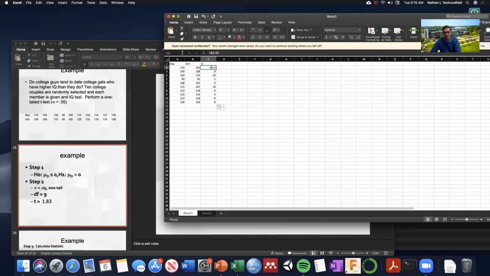And so you can see this is the difference score, right? So for this couple, the girl had an IQ of 5 points less than the boy. Here, the girl is 8 points higher, 10 points lower, 5 points higher, 3 points lower, 10 points higher, etc. Right? And so now, everything we do is going to be with these scores here. We're just going to ignore these scores from here on out, right?